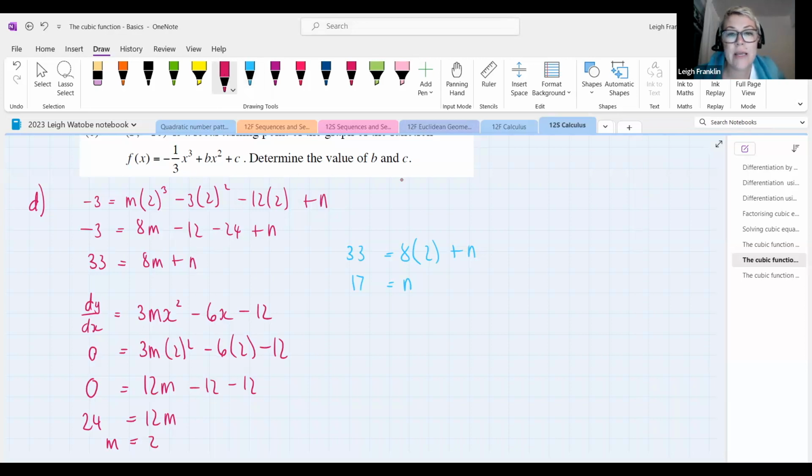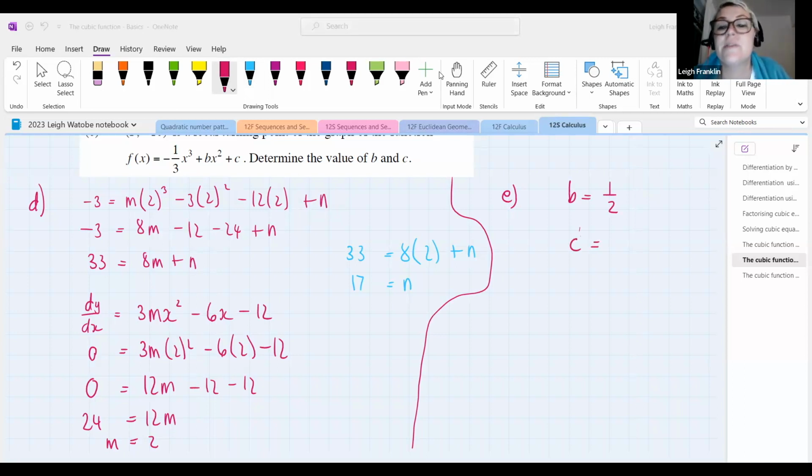Anybody try question E? That's question D. Anyone try question E? Were there any takers for question E? If you did do question E, b is equal to 1 over 2, and c has a bit of a nasty value. You're still doing it, Tsegofatso.